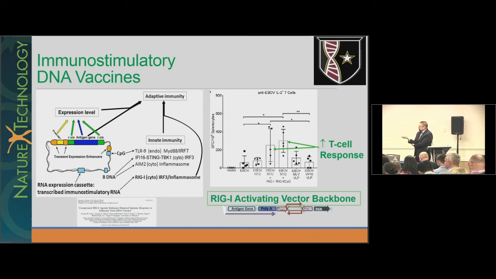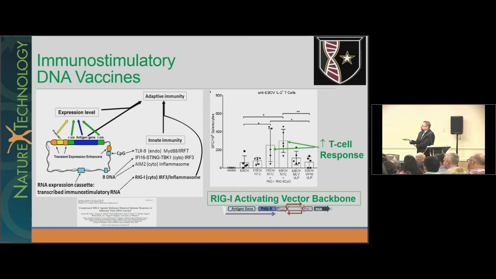We have two different things that we put in. One is the RIG-I activating vector backbone, which is basically Pol-3 promoters making a double-stranded RNA, which activates the RIG-I receptor. And then on the vector map between the transgene and the poly-A, we've inserted a CpG hairpin, which generates CpG RNA.